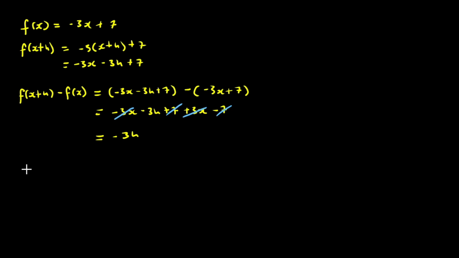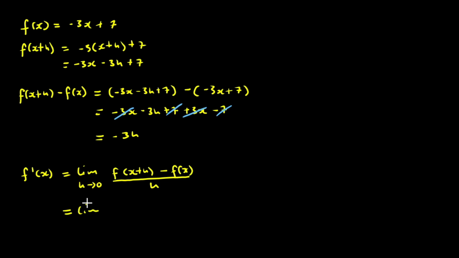And the formula says f prime of x is supposed to be equal to the limit as h goes to 0 of f of x plus h minus f of x all over h, right? And then we can see that, in the limit as h goes to 0, this top part is minus 3h, because it's this one, right?